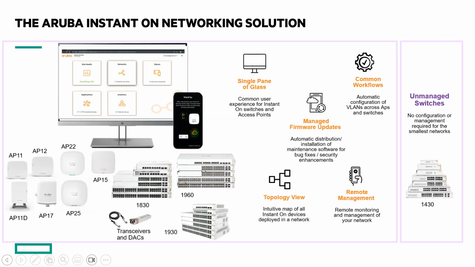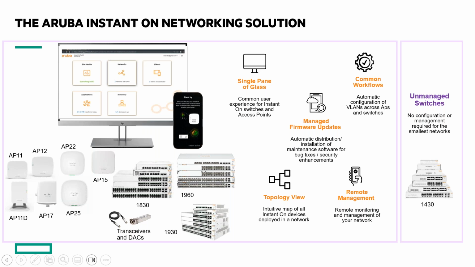So if you look at the Instant-On networking solution portfolio, we've got our traditional APs and switches, which I just talked about a couple of models of. And then the capabilities. I'm not going to rehash this. You guys are very familiar with the product set, but there's that single pane of glass for management for both our switches and our access points, as well as managed firmware updates, which we talked about earlier.